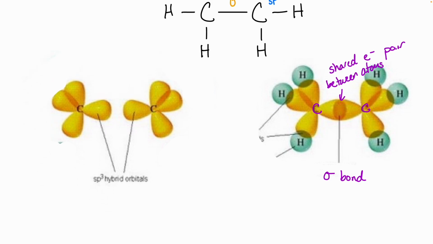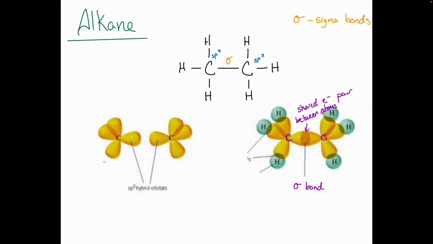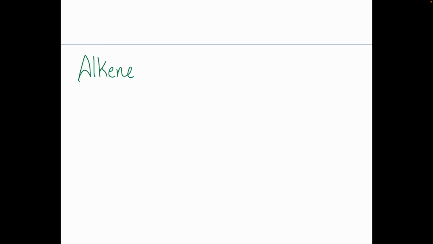All right, so now let's look at an alkene. Again, we're going to take a look at just a very simple 2-carbon alkene. Now I'll only have 4 hydrogens because I have that carbon-carbon double bond. Our electrons for a double bond look very different than they do for a single bond.